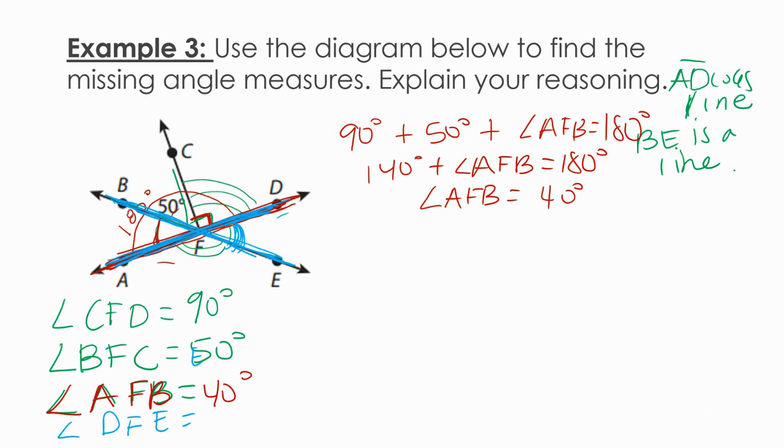If I'm creating an X, then that means this angle is congruent to this angle. So actually, angle DFE is congruent to angle AFB. Well, I just found AFB in the last problem. So if these two are congruent, then I know that DFE has to also be 40 degrees.